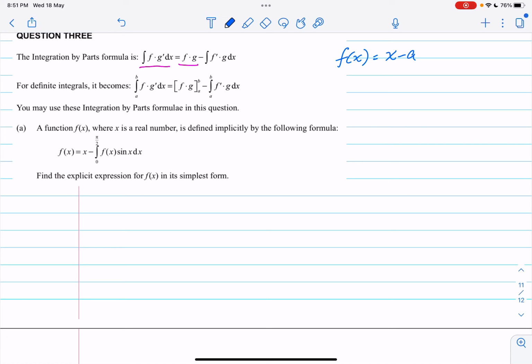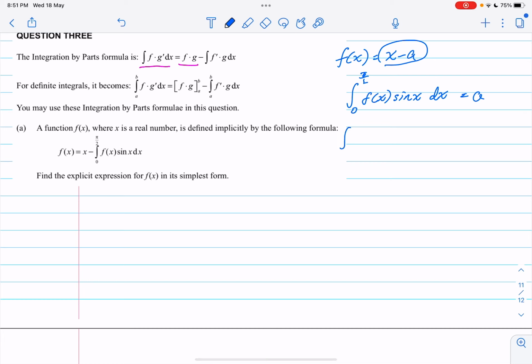So what we're saying here is that the integration of function f(x) sin x is a. So what is f(x)? We just said that f(x) is x minus a, right? And this makes it much easier because then we can use the integration by parts formula they've given us.